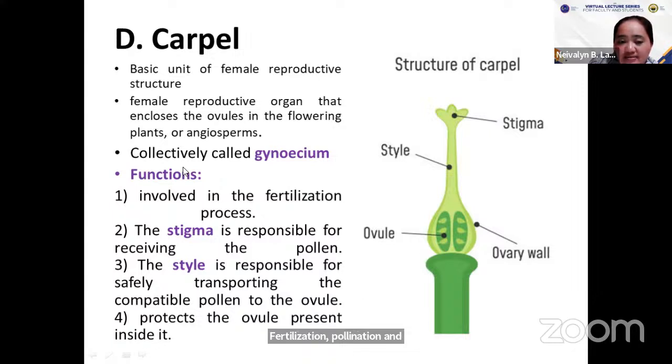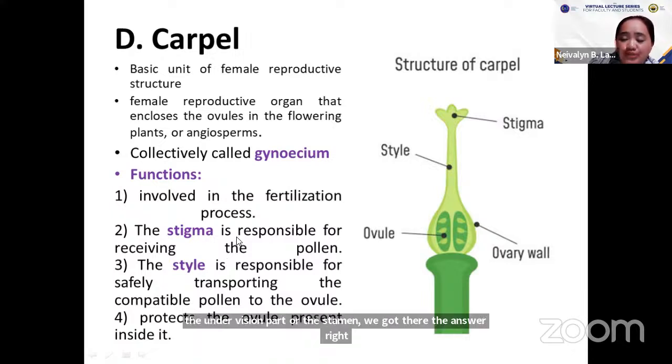Okay, I would just like to give an overview. From the androecium part, or the stamen, we have the anther, and it's in the anther that pollen is produced.